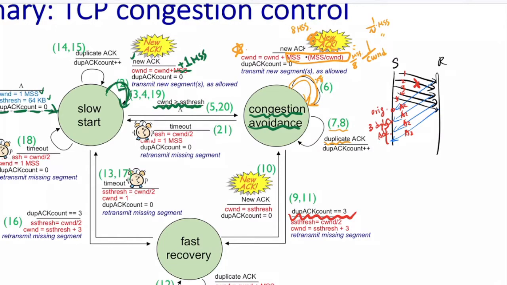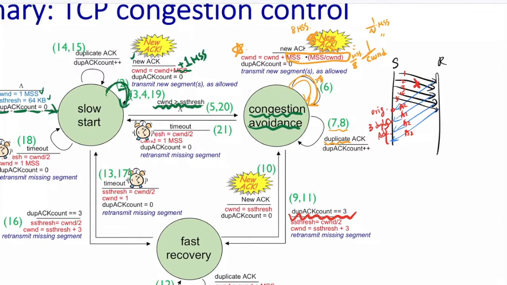But you still receive duplicate ACKs, which means some packets still arrive at the router, but not all of them, because packet number 2 got lost, but 1, 3, 4, and 5 arrived.